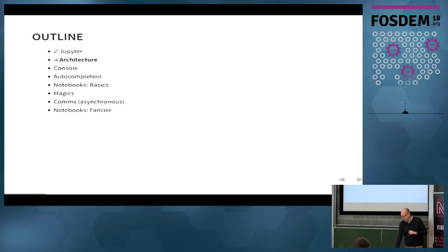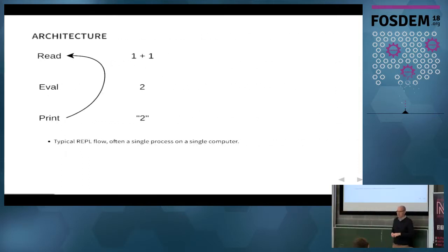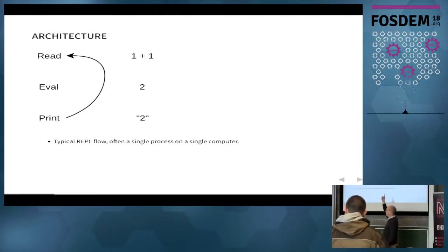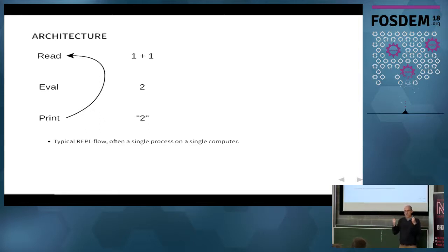Okay, so let's talk a little bit about the architecture. Your typical read, eval, print loop looks like this. You read something, like 1 + 1, you evaluate it, you get 2, and then you print it. So you print the string 2. Usually this happens all in one single server, a single program, single process.